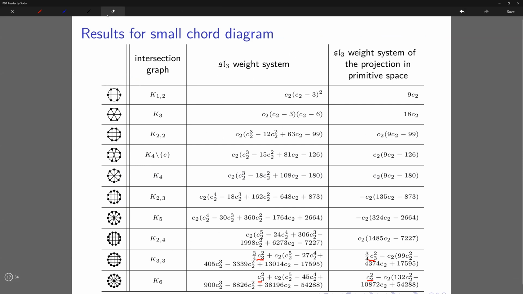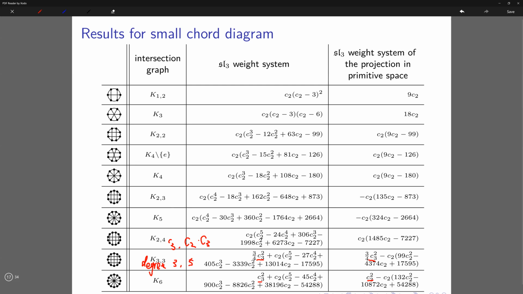And I want to say that there's no such term like C3 to the power 1 or C2 times C3. The reason is that the degrees of C3 and C2 times C3 are 3 and 5.